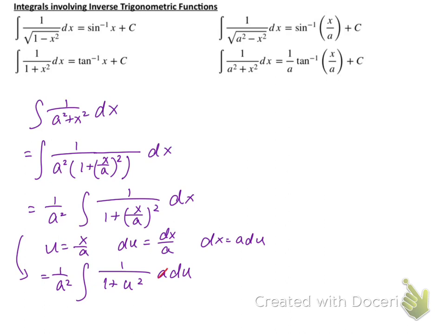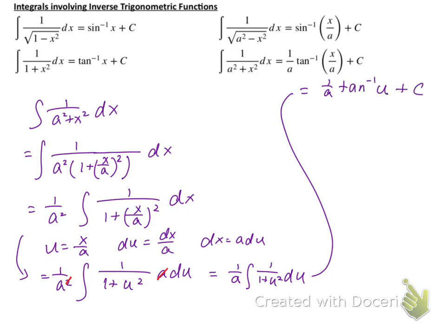And an a gets cancelled. I'm having 1 over a times the integral of 1 over 1 plus u squared du, which is tan inverse, equals 1 over a tan inverse u plus c, where u is actually x over a, plus c.